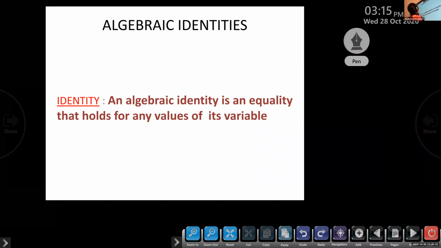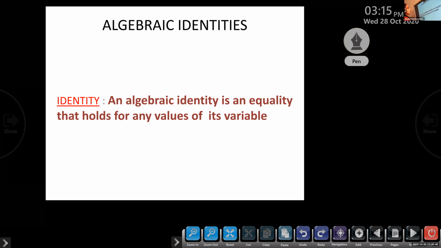Okay, Tia, read. You read the identity, the first identity. A plus b whole square equal to a square plus 2ab plus b square.